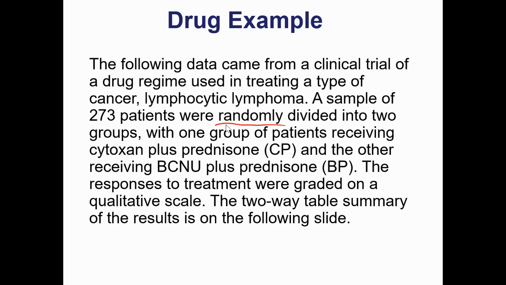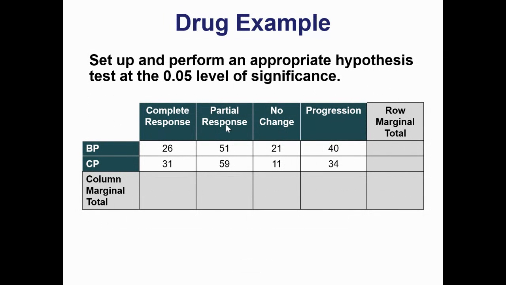One group of patients received cytotoxin plus prednisone, which we're going to just call CP. The other received BCNE, whatever that stands for, plus prednisone, which we're calling BP. And the responses to the treatments were graded on a qualitative scale. So they summarized the data in this table.